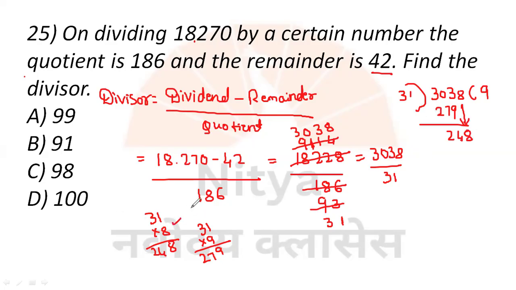See, 31 8s are 248. So 31 ones are 31, 31 98s are 3038. So answer will be 98. So divisor is 98. Option number C, 98 is the answer. Okay.